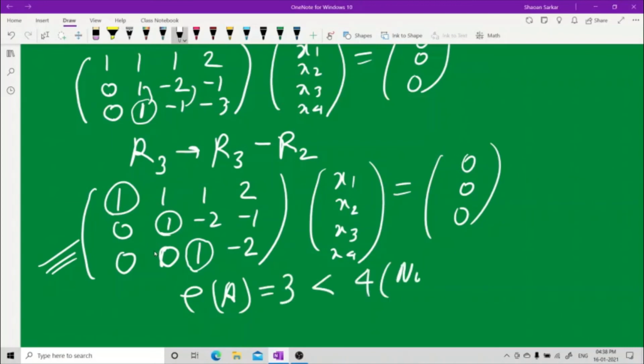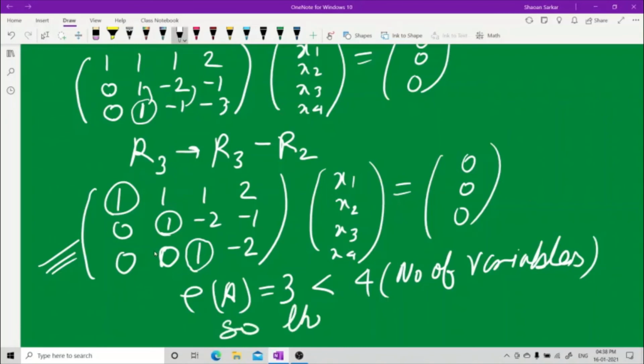So the vectors are linearly dependent, LD.